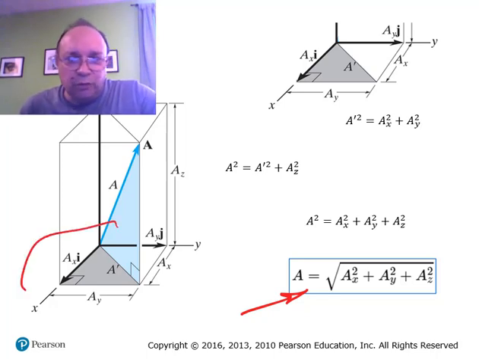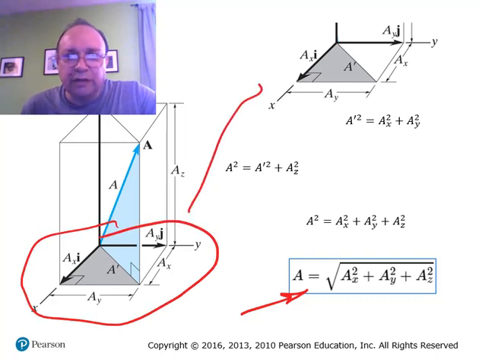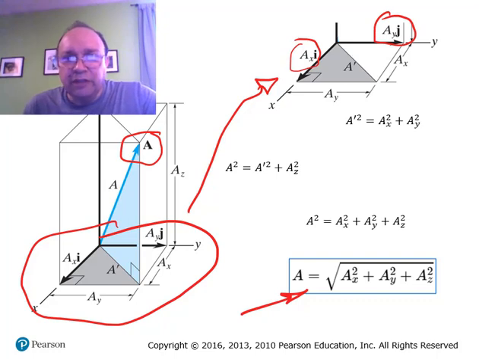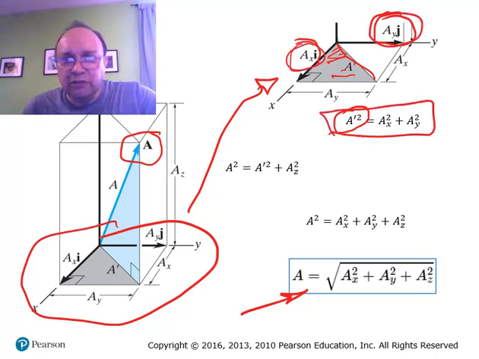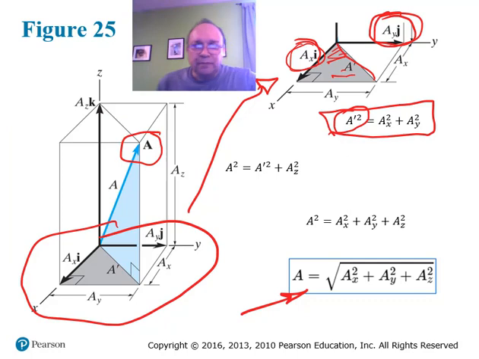If we do a blowout of this lower part here, we have the x component and the y component of vector A. By the Pythagorean theorem on this gray rectangle, A prime, this diagonal, squared is equal to this square plus this square. A very simple equation that you all know, the Pythagorean theorem on this 2D right triangle at the bottom of the XYZ space.